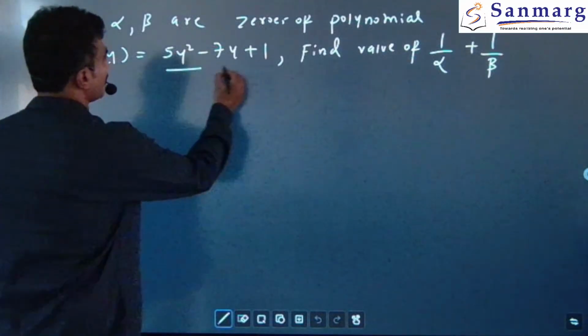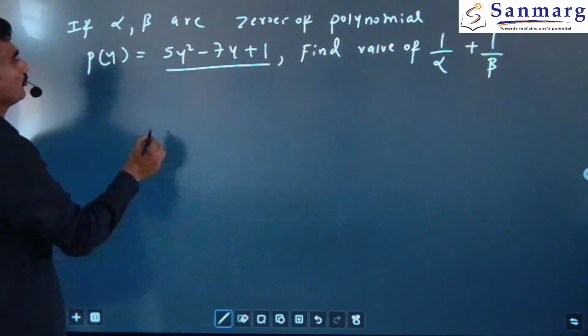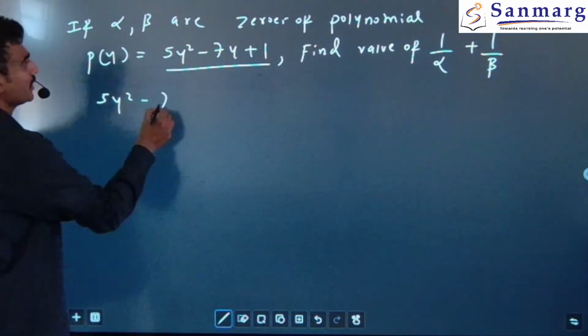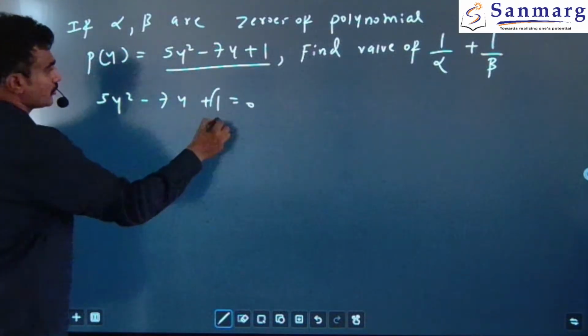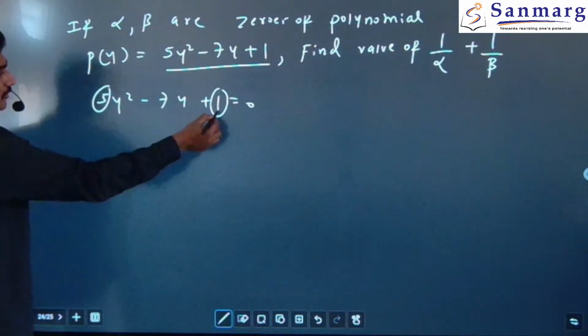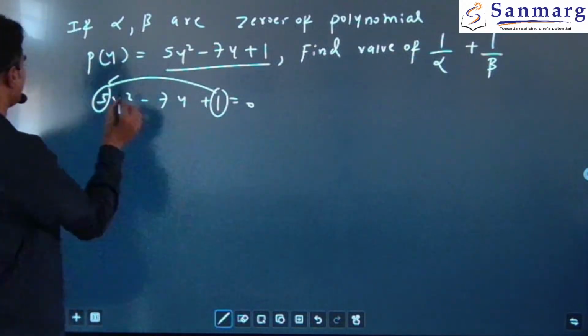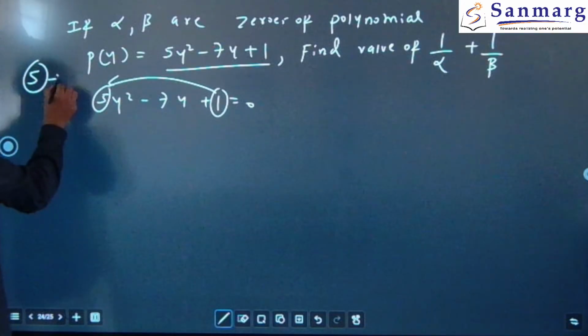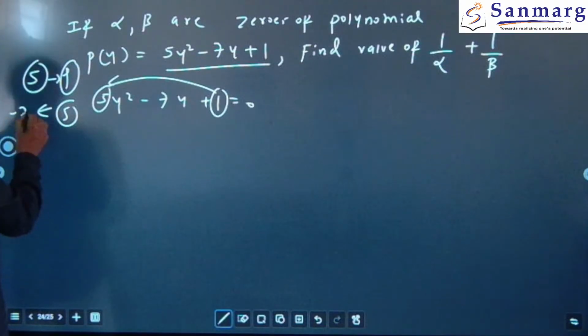Consider 5y square minus 7y plus 1, and find the value of 1 upon alpha plus 1 upon beta. So 5y square minus 7y plus 1 equal to 0. If we multiply 1 into 5, the answer is 5. Therefore, the product should be 5 and the sum should be minus 7.